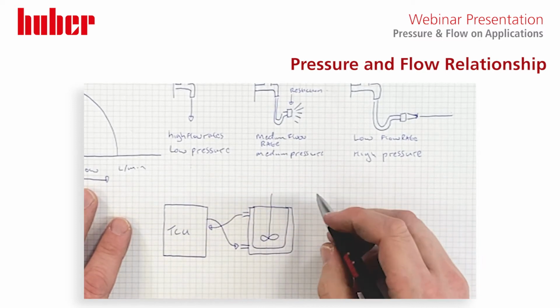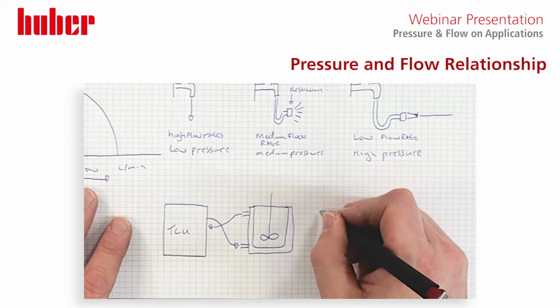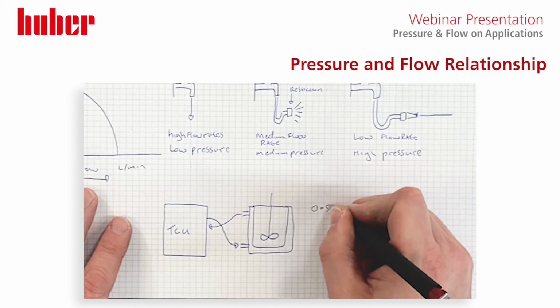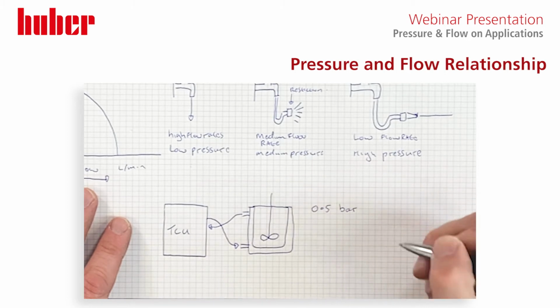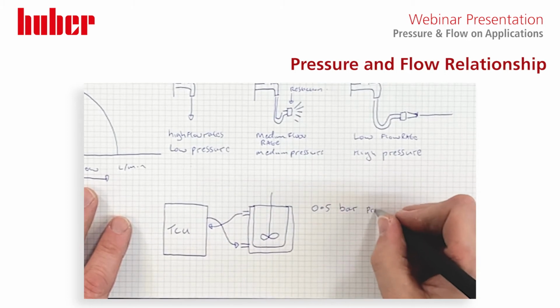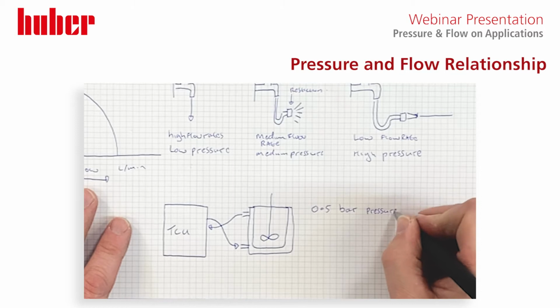We have our agitator. Like I said, most reactor manufacturers rate their units to 0.5 bar pressure applied.